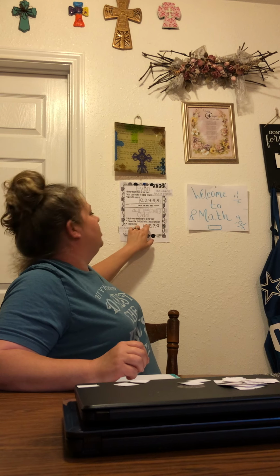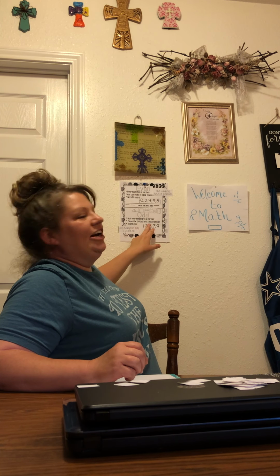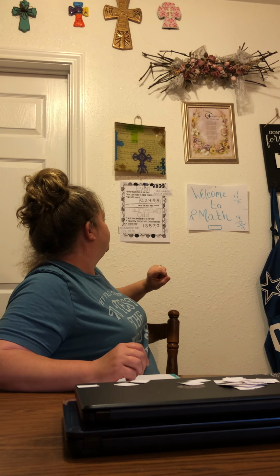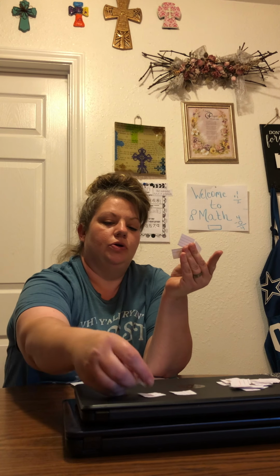Another thing for your odd number is it cannot be divided into 2 equal groups. Okay? So let's say you have 3. You have your group of 3. Well, these blocks cannot evenly be divided.